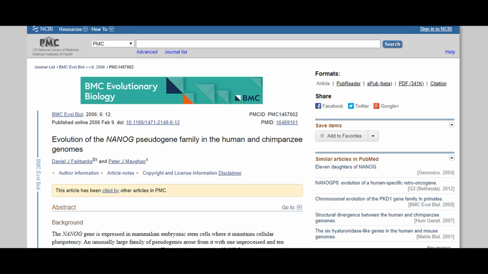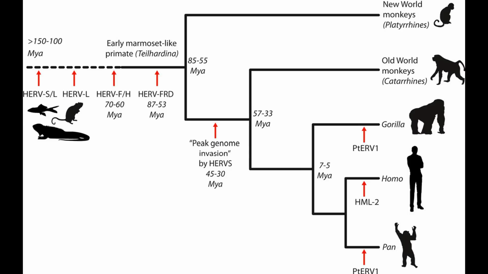Yet we share dozens of ERVs and the nanog pseudogenes with chimps. Creationists often jump on the fact that some ERVs are functional, but that's irrelevant, since the point is that they are unique insertions that could only have happened in one individual at some point. Thus, shared ERVs must have been inherited from a common ancestor.